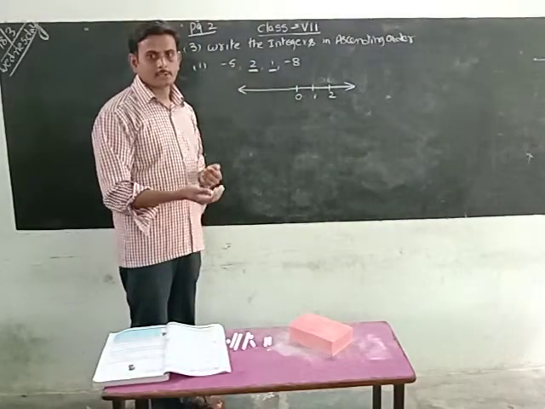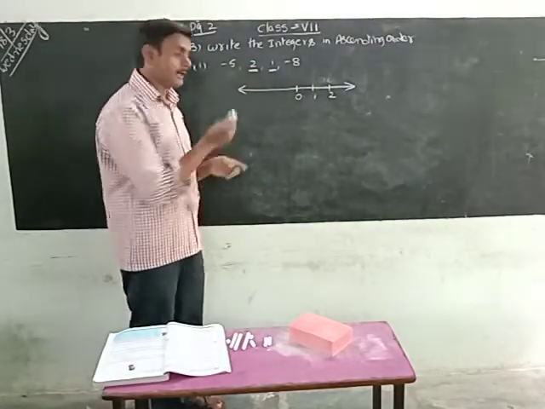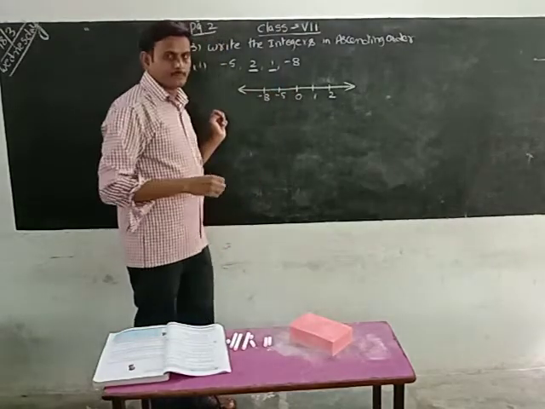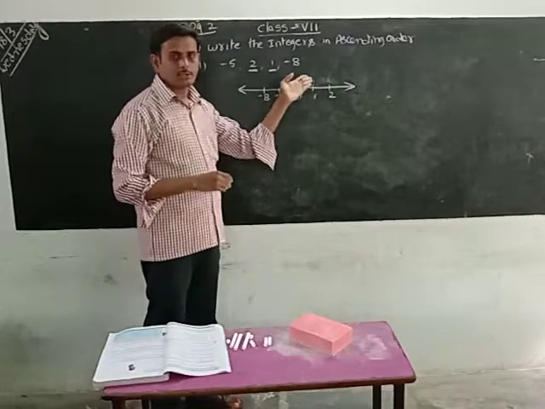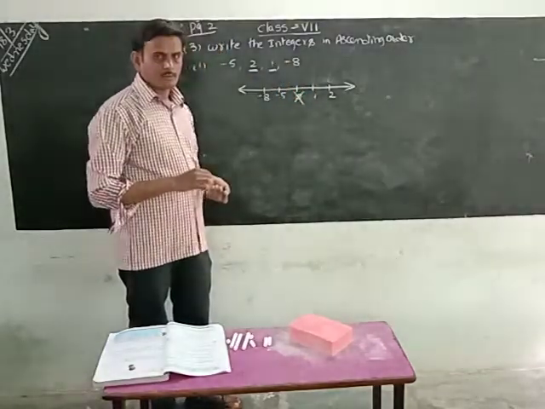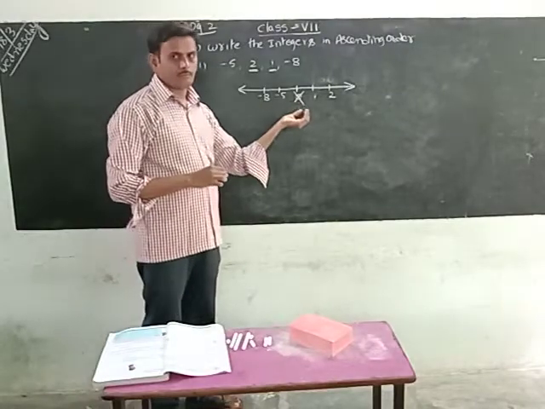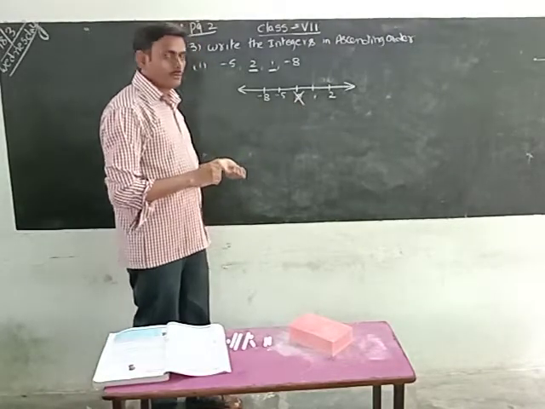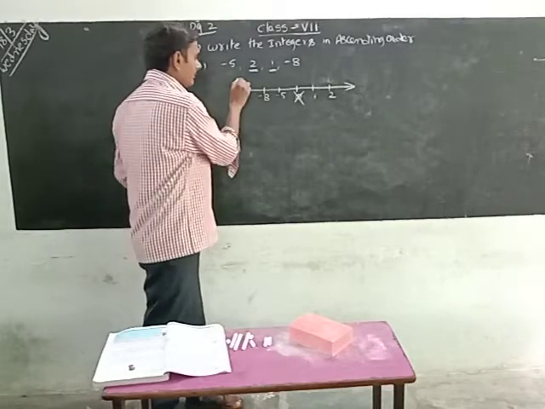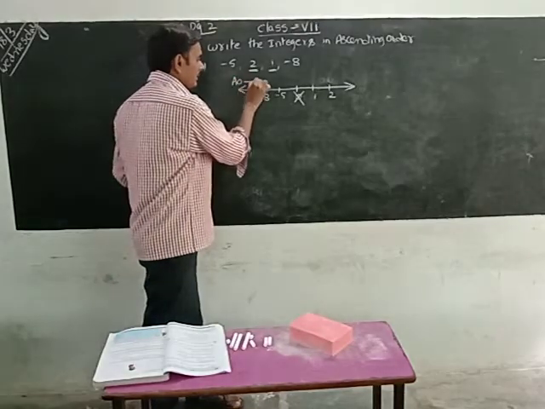Minus 5 we can write first, then minus 8. In this list 0 is not given, so remove that one. It was written there only for our convenience. Now one thing to remember: we are writing ascending order. Ascending order means move right.